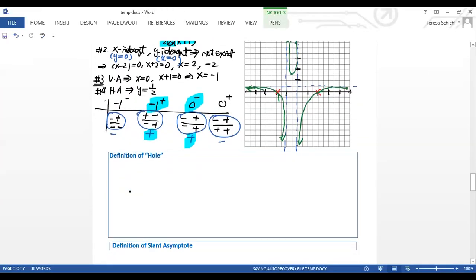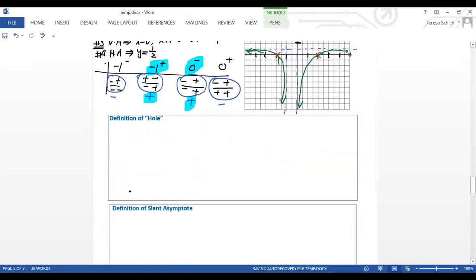Okay, so the next thing we're going to talk about is holes. So what are holes, right? We say the rational function f(x) is two polynomials, p(x) and q(x). At the beginning when we defined it, we said there is no common terms, right?